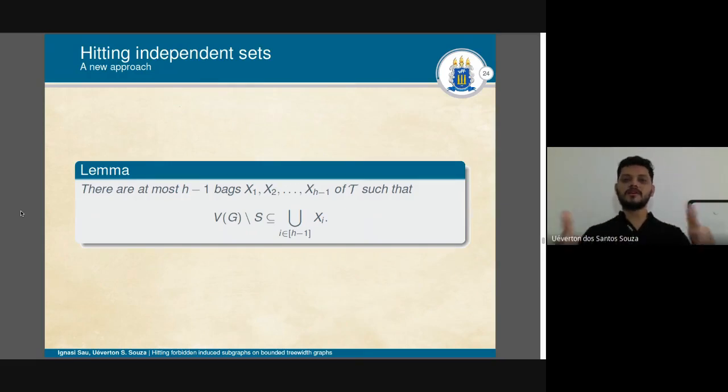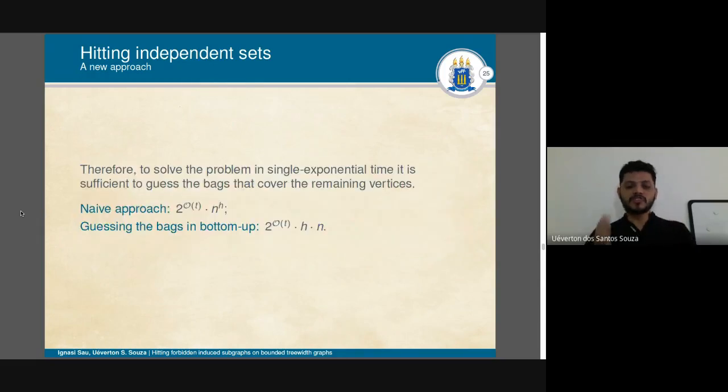Then this is the main tool to solve the problem in single exponential time, because we just need to guess the subsets of bags that contain the remaining vertices. So we just need to solve a minimal set of bags that contain the set of vertices that remains after the removal of our optimal solution.